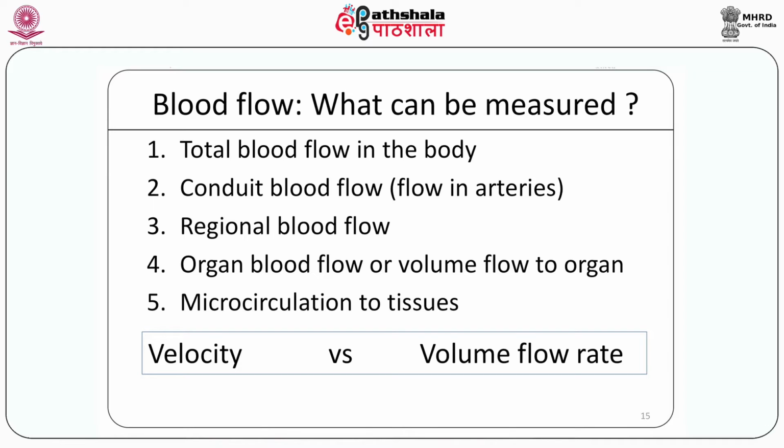You can measure blood flow in a given conduit artery in terms of velocity or volume flow rate. The blood flow to a given region can also be measured, which may include several tissues or even organs. The blood flow to a given single organ is also an important measure.